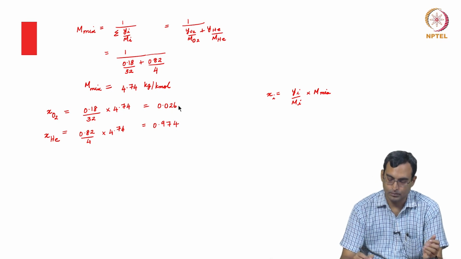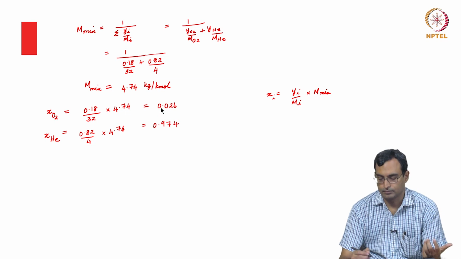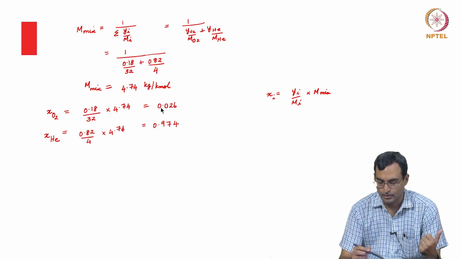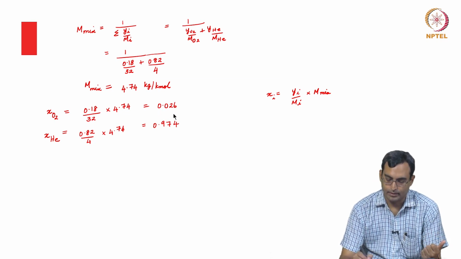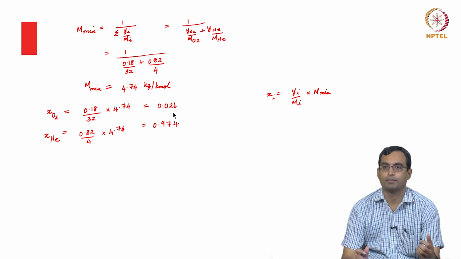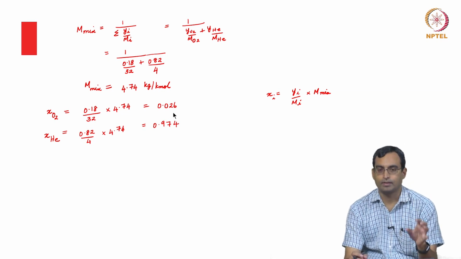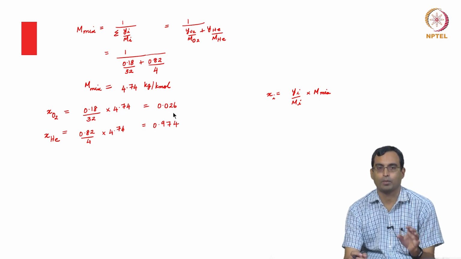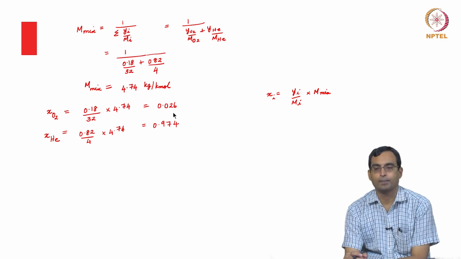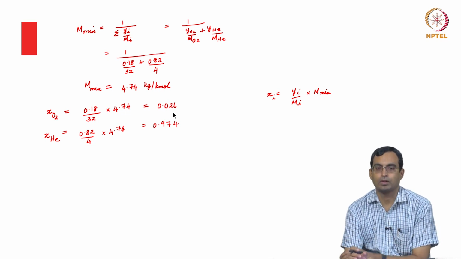In terms of moles, or say volume, what we see is that helium has a larger number. This is true because oxygen is a much heavier molecule. So, if I have 1 kg of oxygen and 1 kg of helium, I would expect a larger volume for the helium because it is a lighter molecule, and a smaller volume for the oxygen.